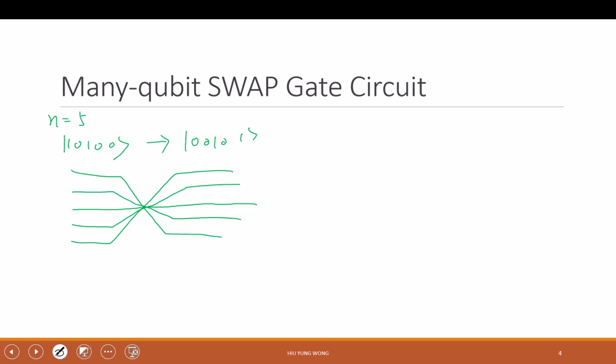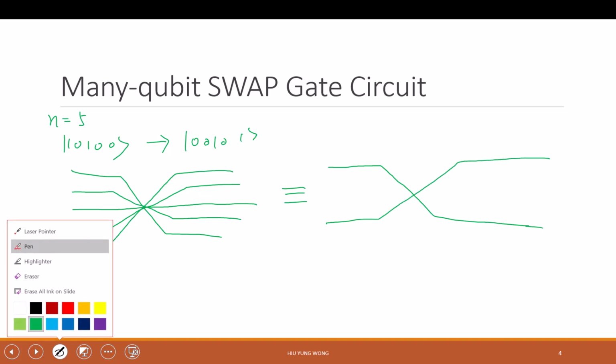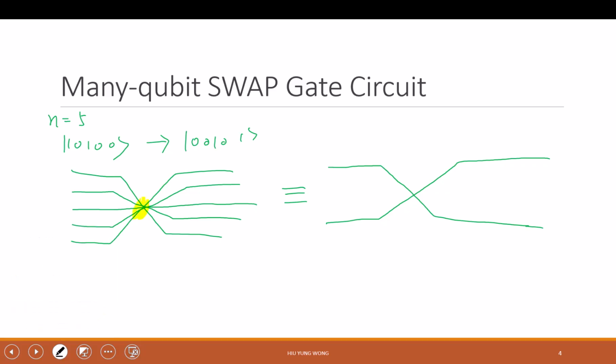But we just said that I can do it pairwise. I will first swap the first qubit and the second qubit with a 2-qubit gate. So here may be a little bit interesting. This part, this gate is actually a 5-qubit gate.